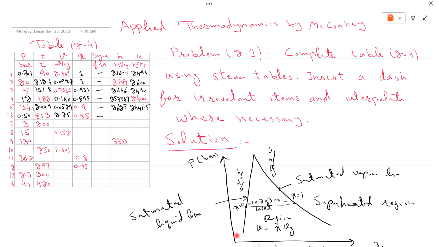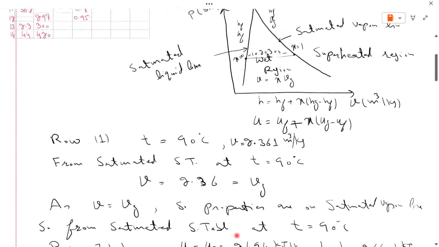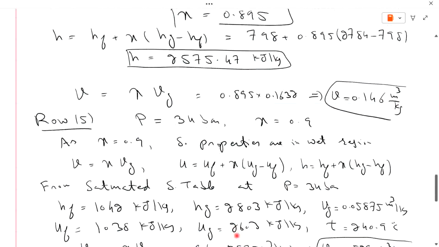Dryness fraction is given; degree of superheat is not defined in wet region, and the value of h is 2299.25 kilojoule per kg. The value of internal energy is 2161.55 kilojoule per kg. Now in row number 7, pressure is 3 bar and temperature is 200 degrees centigrade.